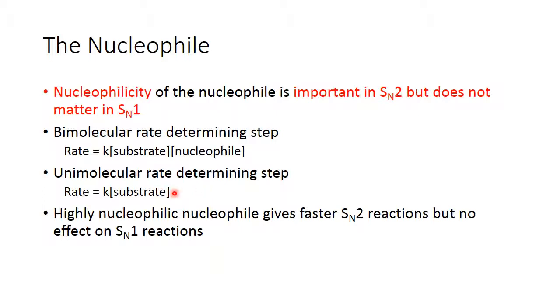And so it won't matter if it's highly nucleophilic or non-nucleophilic. So what do we know? Highly nucleophilic nucleophiles give faster SN2 reactions, but they have no effect on an SN1 reaction.